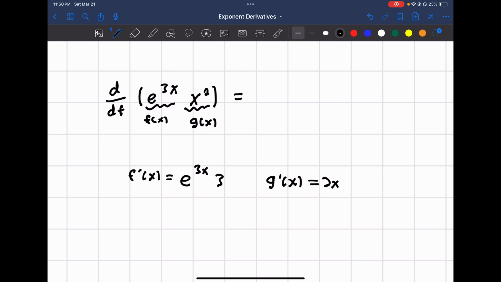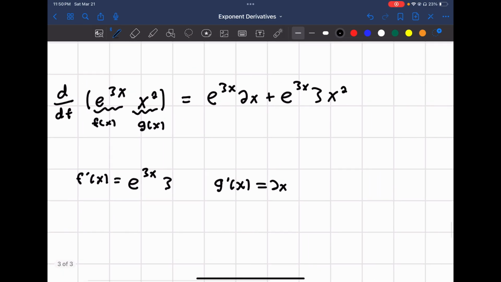So the derivative of e to the 3x times x to the power of 2 would simply be e to the power of 3x times 2x plus e to the power of 3x times 3 times x to the power of 2.